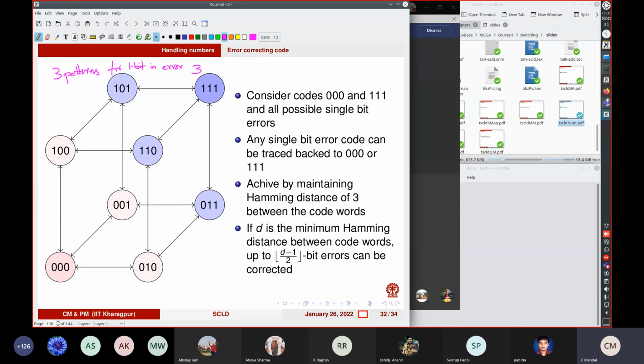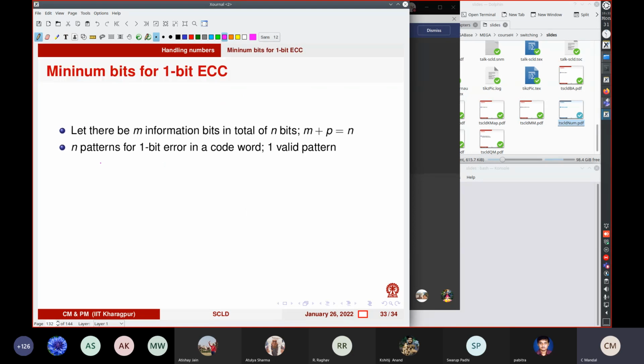All right, yeah, so as you can see, if you have n bits in a code word, you have n patterns for 1 bit error in a code word. Okay, so 1 valid pattern and n erroneous patterns. All right. So you have to reserve n plus 1 patterns for each code.